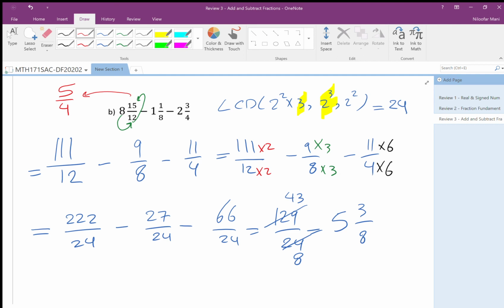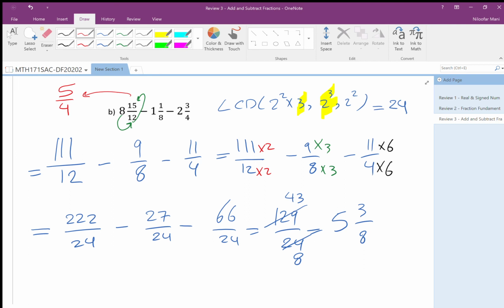Okay, so for the two of them, 4 and 8 is easier, so I can use 8 then. I don't need to use 24. I didn't do this because I wanted to show you. If you don't notice, it doesn't matter. You can just continue. It's fine. You have more numbers and bigger numbers, but it's nothing wrong.